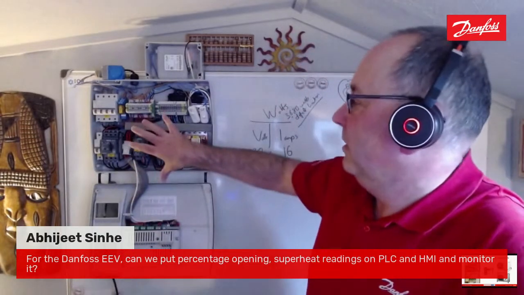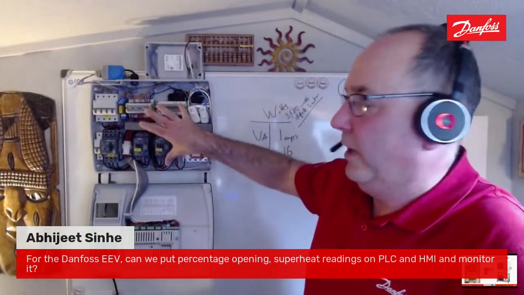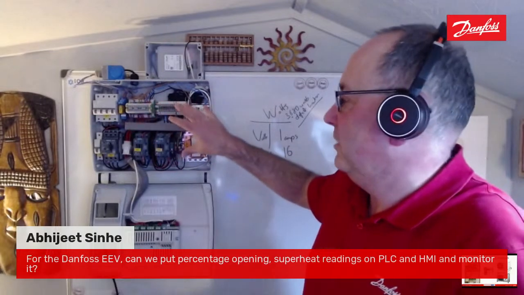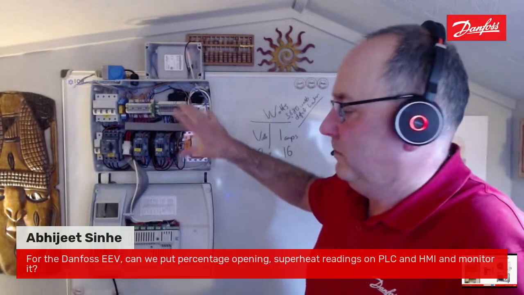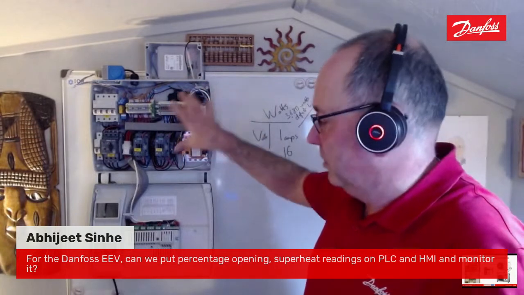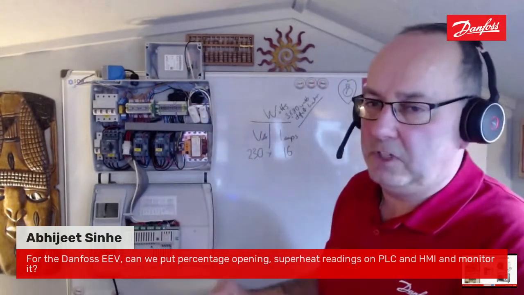Okay, Abhijat, another question. Thank you very much. For the Danfoss EV, can we put percentage opening superheat readings on PLC and HMI and monitor it? Well, this control panel does not operate an electronic expansion valve. This is for a cold room control panel, but it's not for electronic expansion valve.